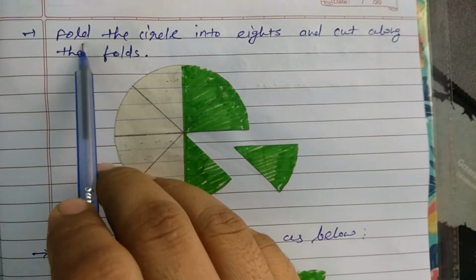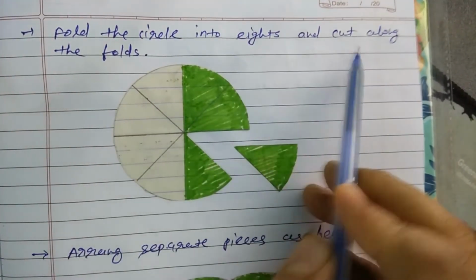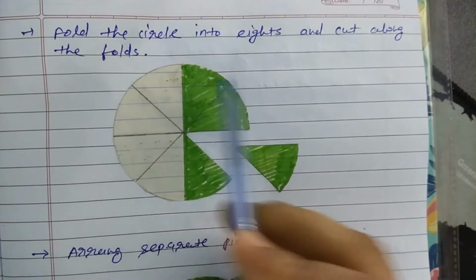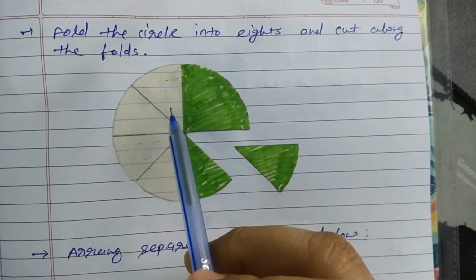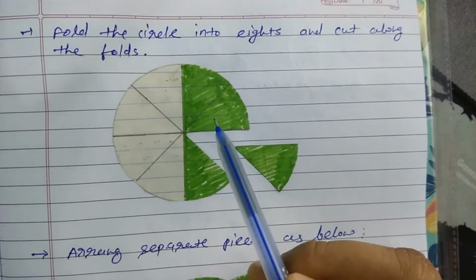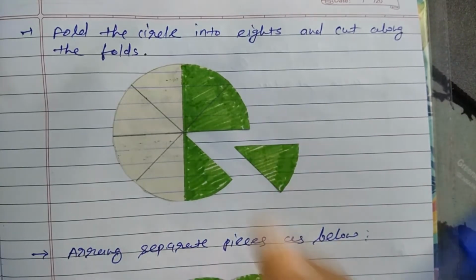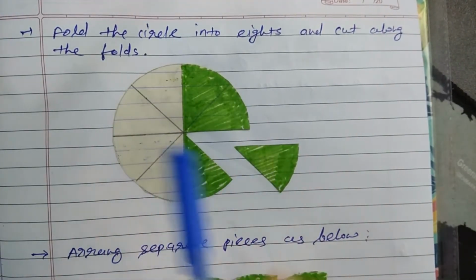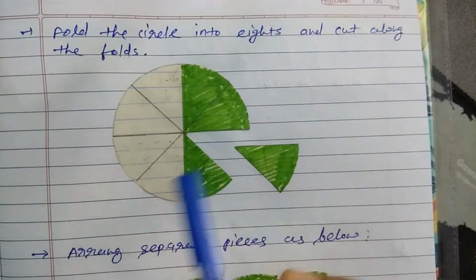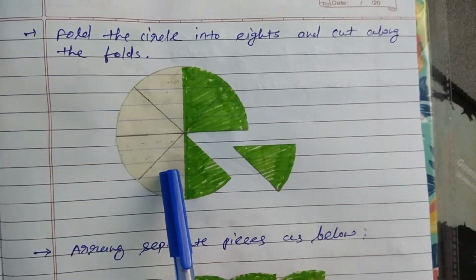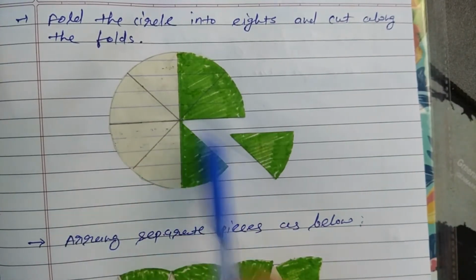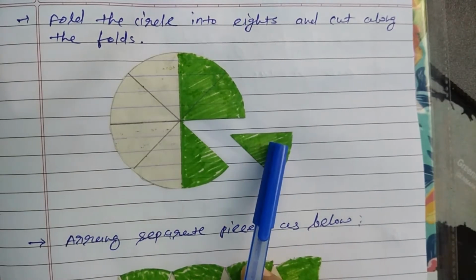Now fold the circle into eighths and cut along the folds. So we will get this kind of figure. Here we can see that this circle is divided into 8 equal parts, and each single part is called a sector, and we have to cut along the folds this way.